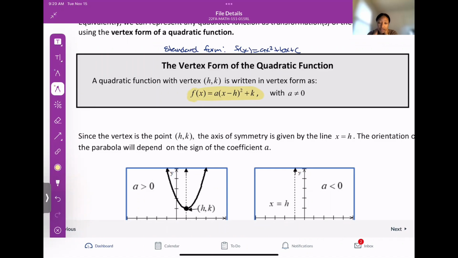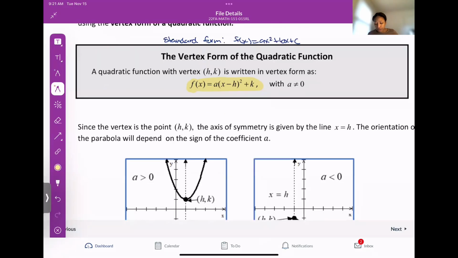So a quadratic function with the vertex h comma k is written in vertex form as f of x equals a times (x minus h) squared plus k, with a not equal to 0. And h comma k is the vertex. A is the same as what we learned before. It's the coefficient of the x squared term.